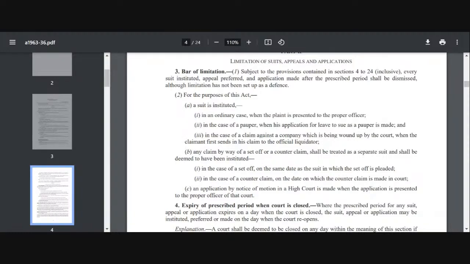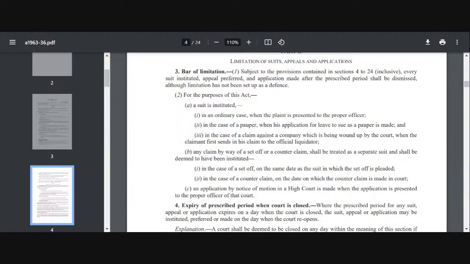So if you see set off and counterclaim, if the plaintiff is claiming money, but the defendant also has some money to recover from the plaintiff, the defendant can go for a set off to recover his amount from the plaintiff. And set off is a statutory defense.